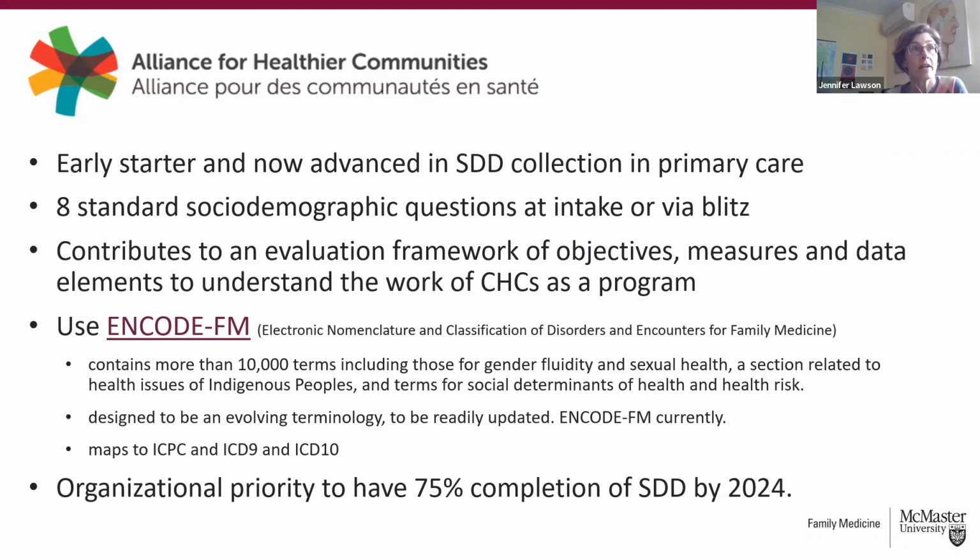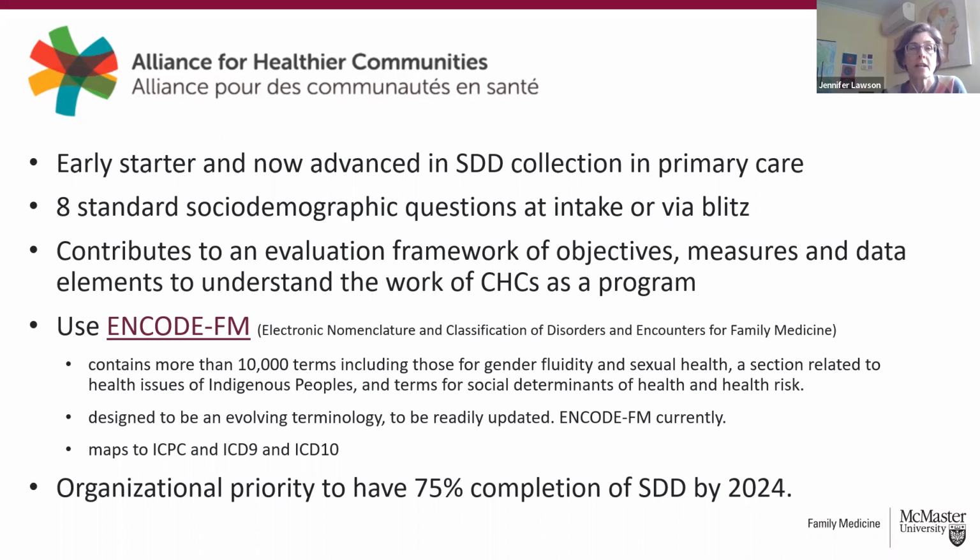And what's interesting, I think, is that the CHC health data is encoded with nomenclature known as ENCODE-FM. And this system includes comprehensive codes for gender, sexual health, health issues of Indigenous peoples, terms for socio-demographic, social determinants of health, as well as health risk.